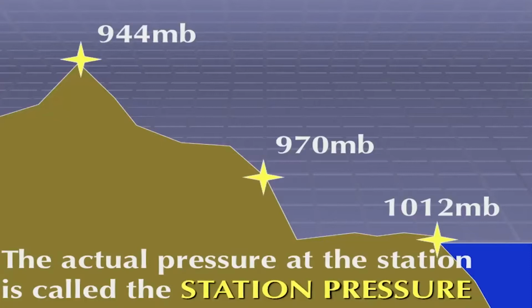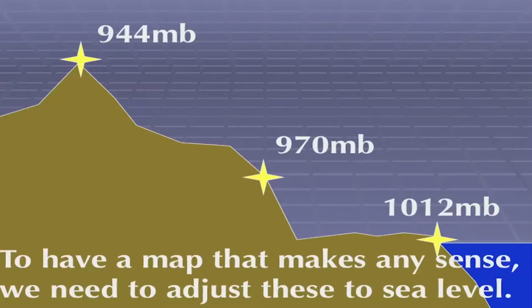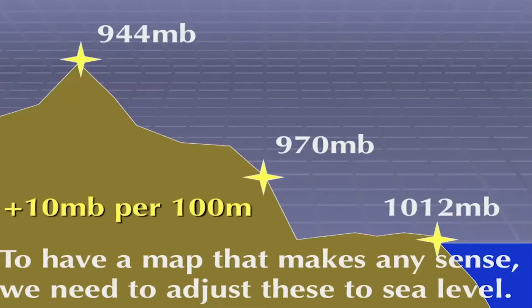But we have to consider, what would the pressure at each place be if that station was at sea level? If you dug a hole straight down into the ground, all the way to where sea level would be, and dropped a barometer down there, what would the pressure read? We can do some math to figure that out. To have a map that makes any sense, we need to adjust these to sea level.